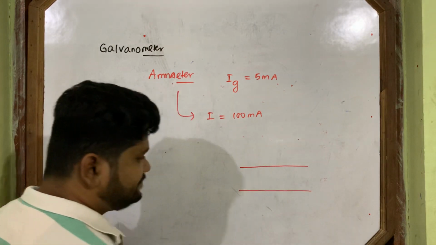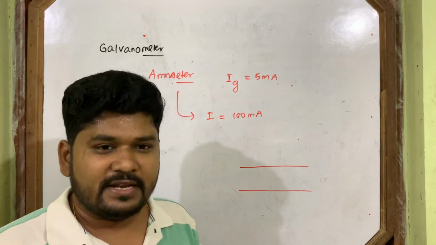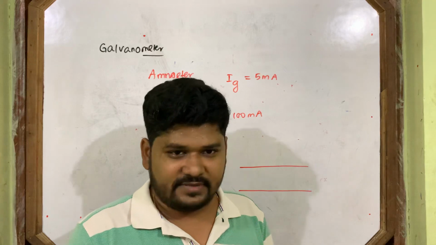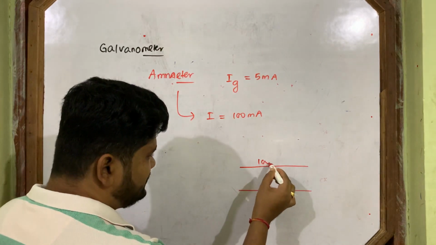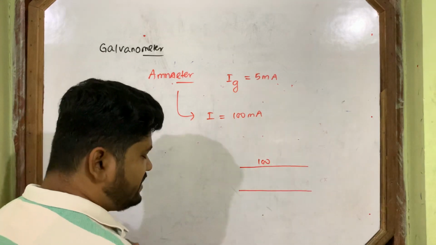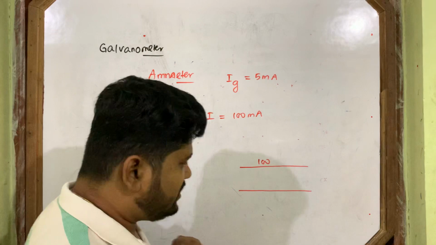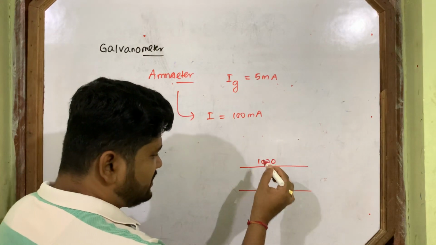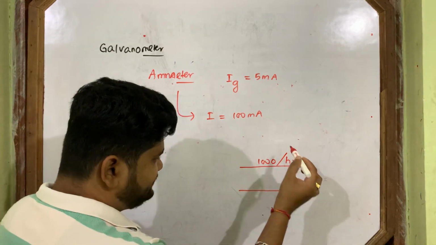This road has the capacity to manage some traffic. Suppose 1000 vehicles can go through this road per hour.